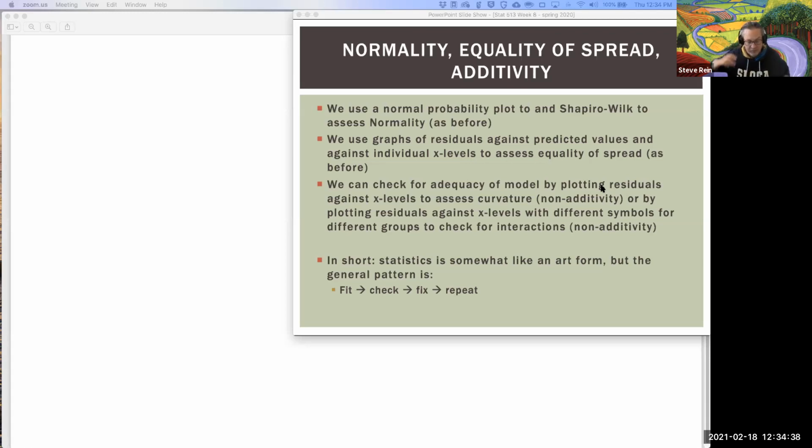But what I'd like to do is to briefly take a diversion and focus on a collection of situations that go with the notion that these problems come in pairs. A lack of equality of spread tends to go with a lack of normality and a lack of linearity.